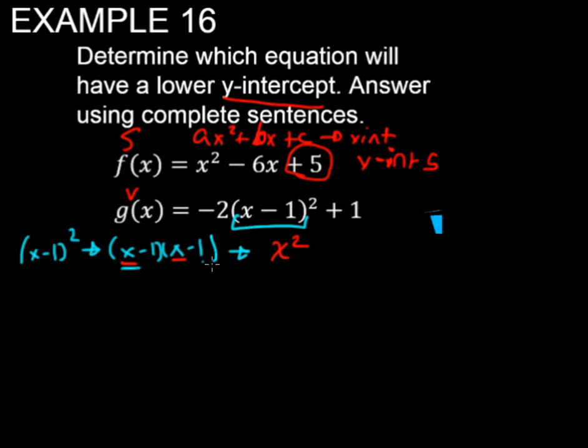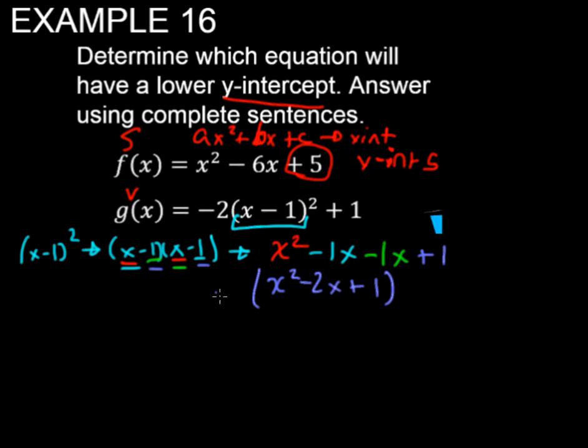Then x times negative 1, which is negative 1x. Then negative 1 times x, which is negative 1x. And then negative 1 times negative 1, which gives positive 1. So we get x squared minus 2x plus 1.